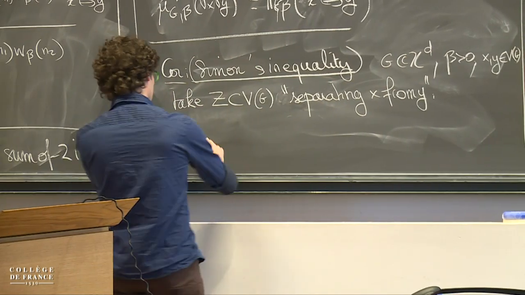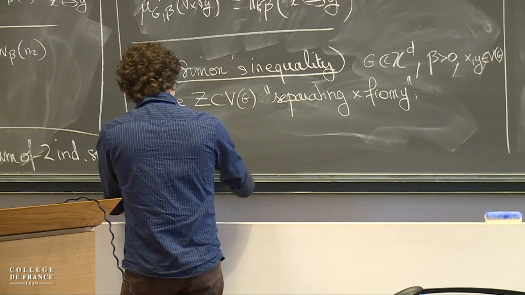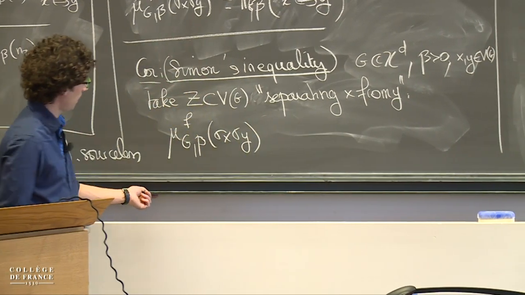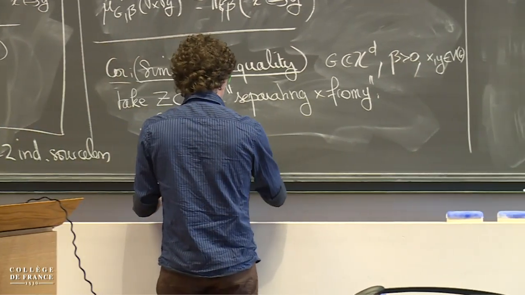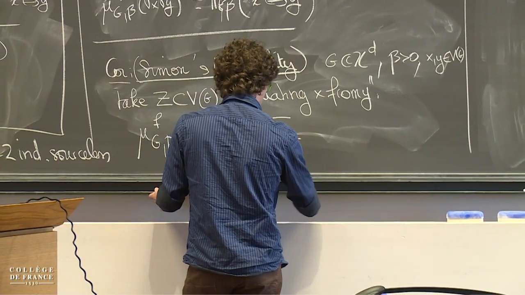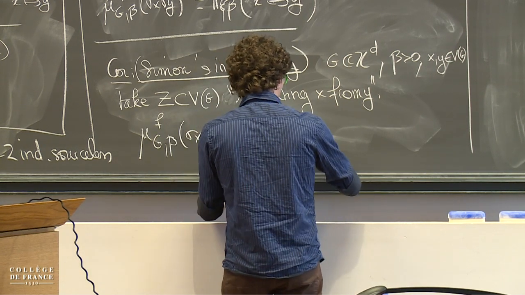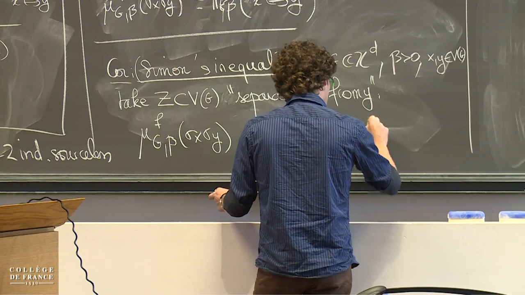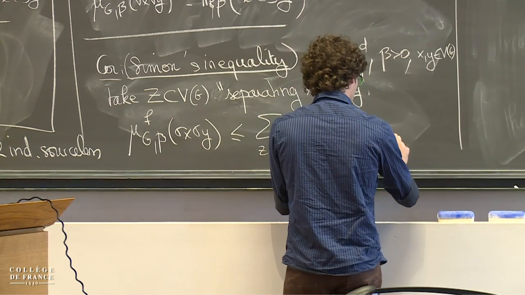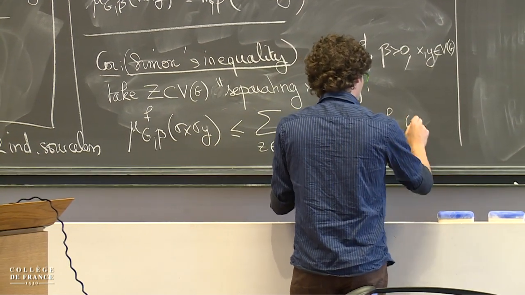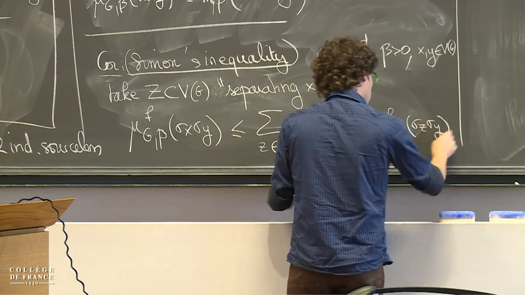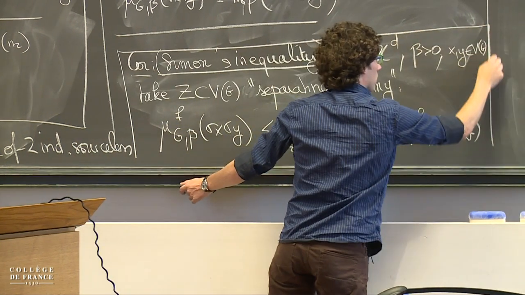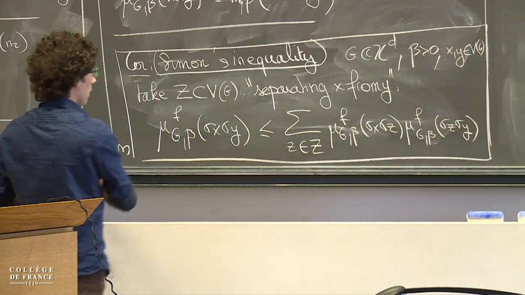What do I get? If I look at ⟨σ_x σ_y⟩, it's going to be smaller or equal to the sum over z in capital Z of ⟨σ_x σ_z⟩ times the same quantity for σ_z, σ_y, with the measure μ_{G,β}.